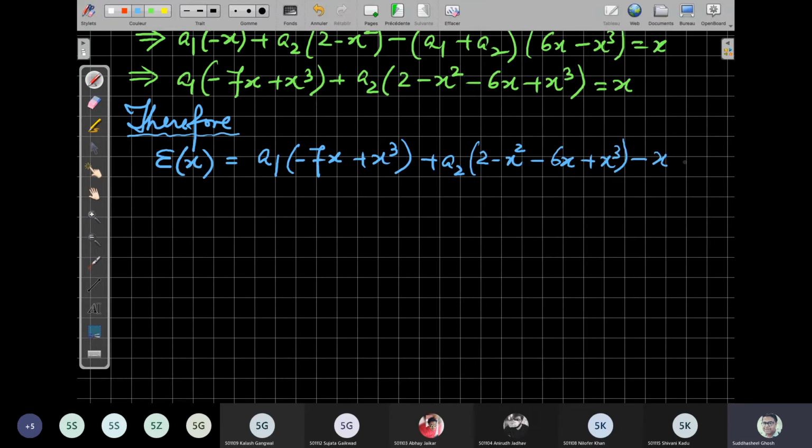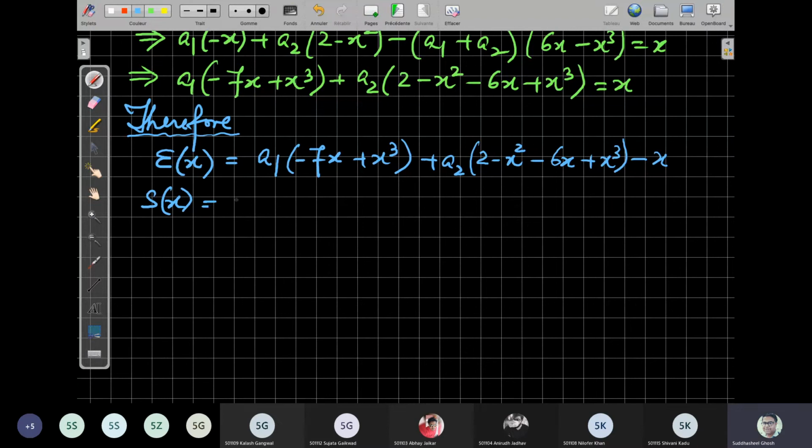So for the residual term, I have only done LHS minus RHS. Therefore the square of the residual term will be what?